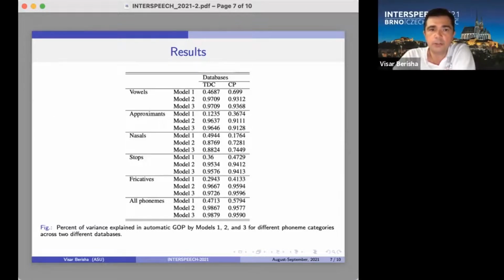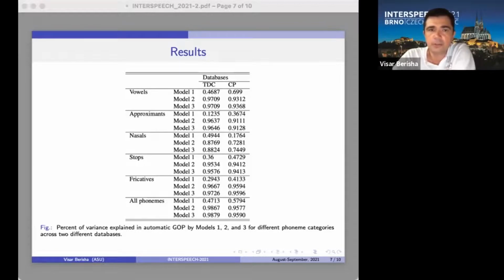Under model 2, the values indicate what percent of the variance in automatic GOP is explained by the manual alignment approach, or what we're calling the acoustic deviation. And then finally, model 3, the values indicate what percent of the variance in the automatic GOP is explained by both alignment errors and acoustic deviation. And again, this analysis is done across both databases.